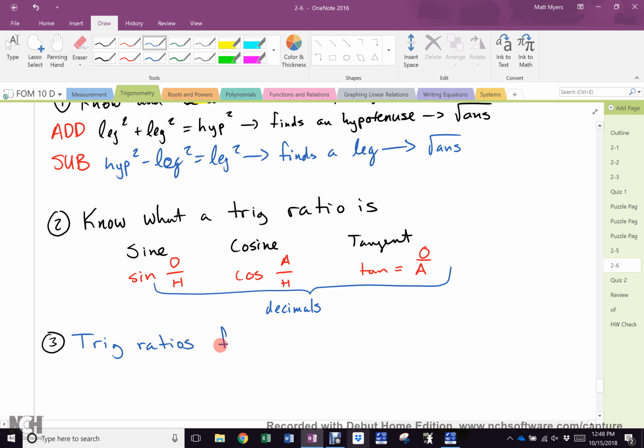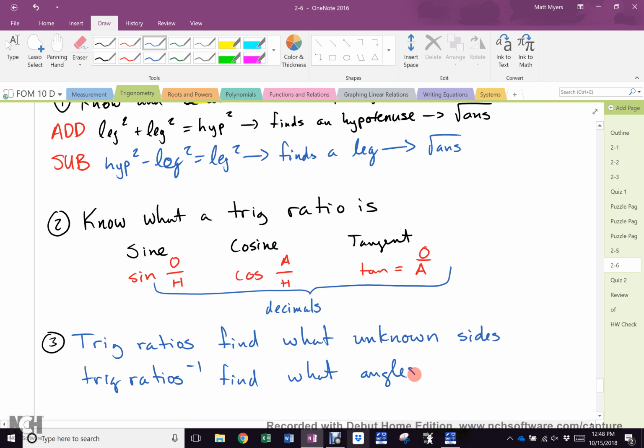Trig ratios find what unknown? No, the ratio gives me what? Sine, cos, or tan gives me what? Unknown what? Sides. Trig ratios shifted finds what? Angles.